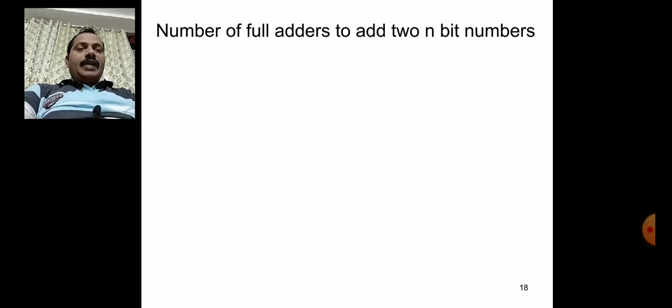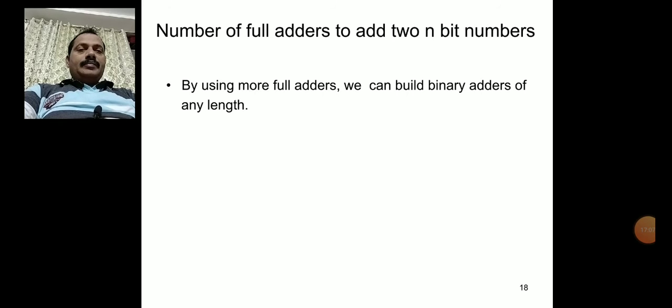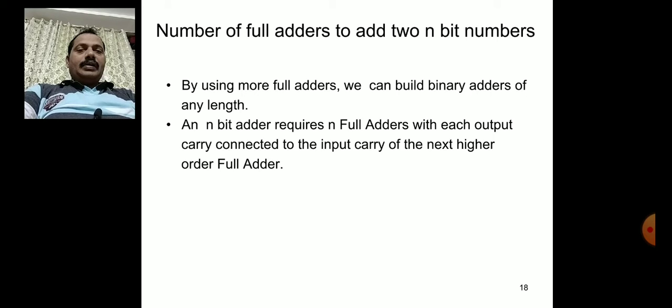So, the number of full adders needed to add two n-bit numbers: by using more full adders, we can build binary adders of any length. An n-bit adder requires n full adders, with each output carry connected to the input carry of the next higher order full adder.